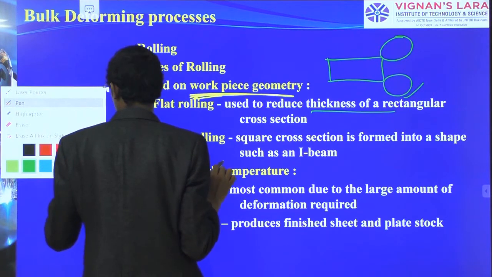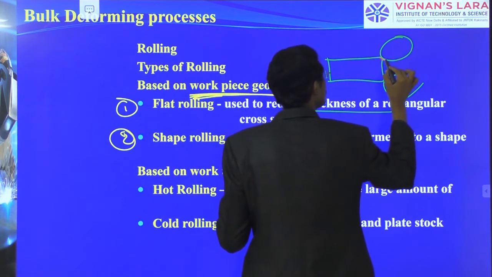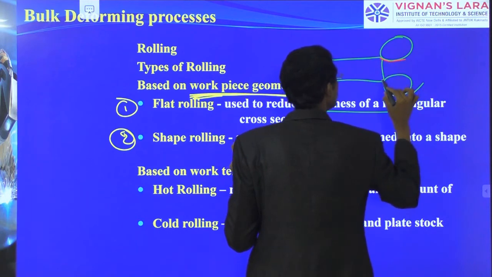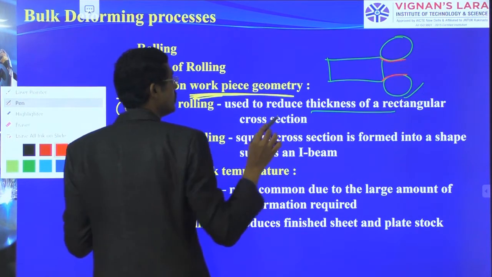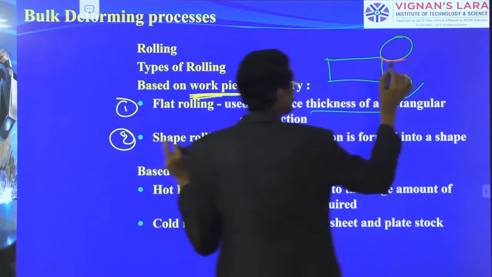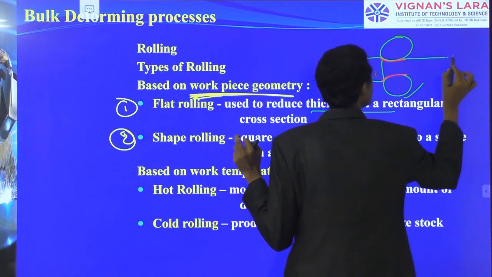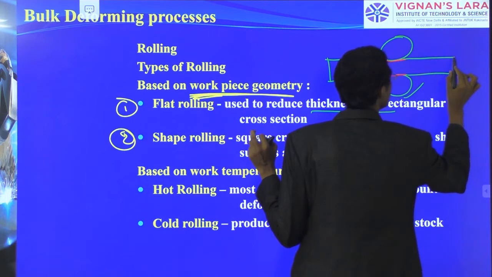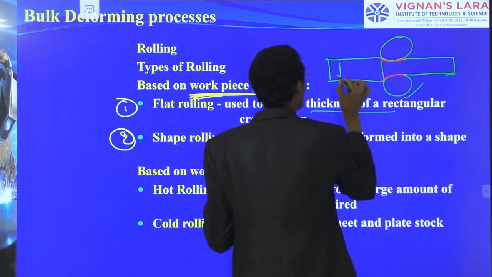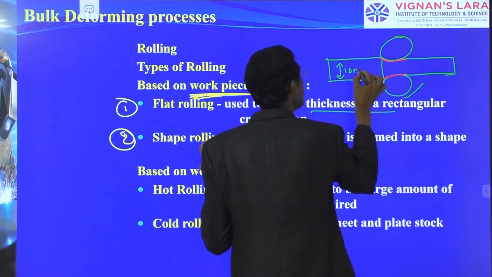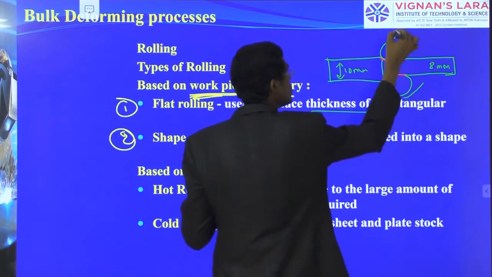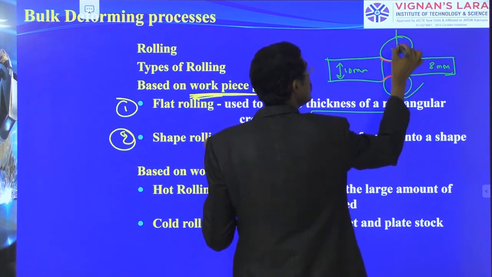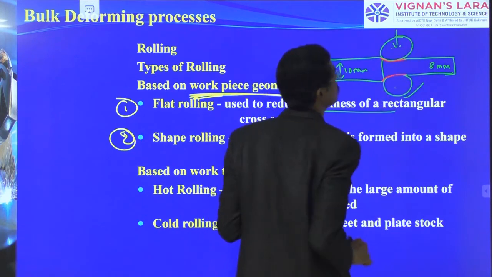When it is coming inside, we get contact here and friction happens. Again it is coming outside, and there is no contact, but the reduction of thickness has happened, maybe from 10 mm to 8 mm. A force has been given on the rollers.